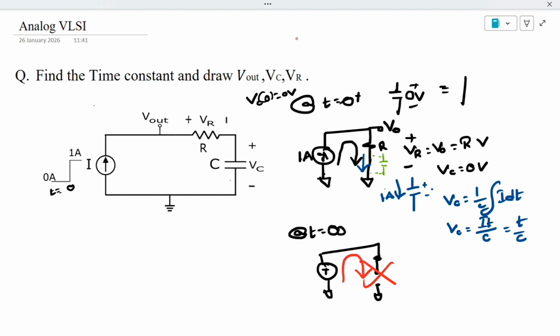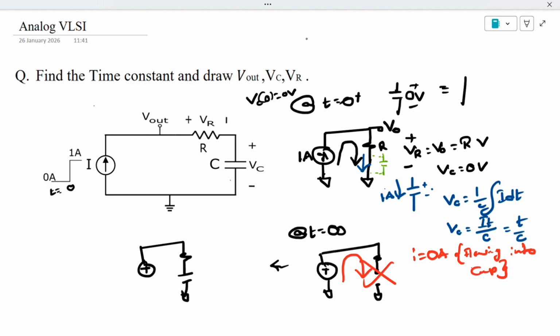The capacitor will become open circuit only when there is no current flowing through it, that is, when the current flowing into the capacitor is equal to 0 ampere. But here it is not that case, right? So this capacitor will keep on charging only. This 1 ampere will add to the capacitor and the capacitor voltage will keep on increasing only.